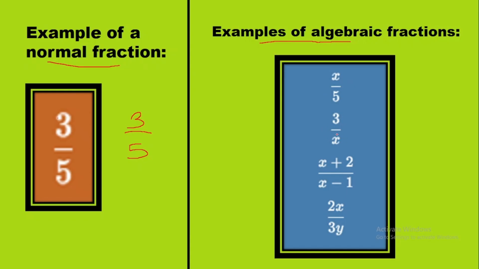For the third fraction, there are fractions on both the top and the bottom. And for the fourth fraction, we have 2x over 3y, so we have the x at the top and the y at the bottom. So we have variables or letters inside these fractions whenever we're looking at algebraic fractions compared to normal fractions.